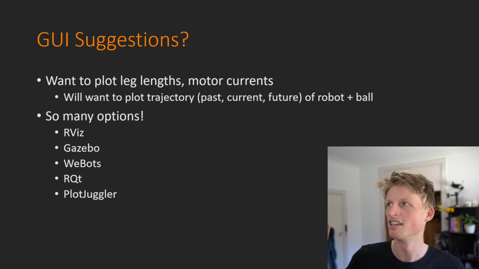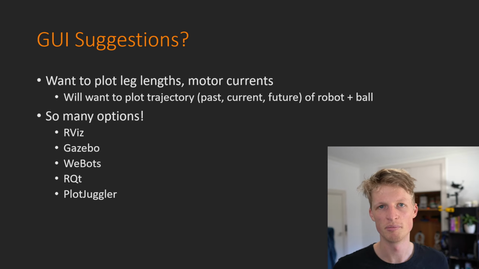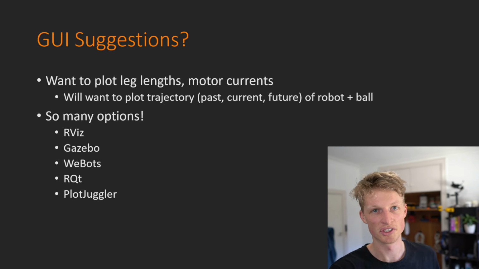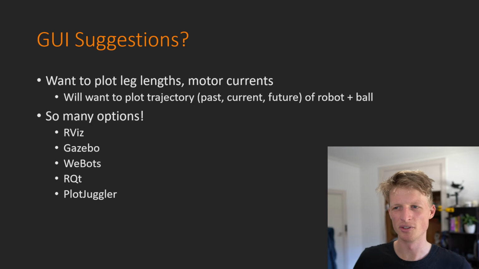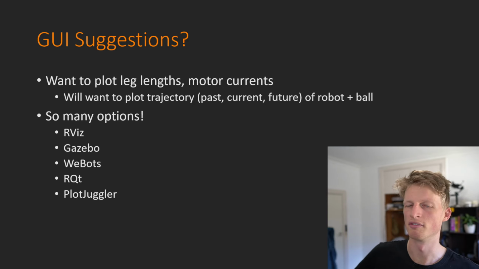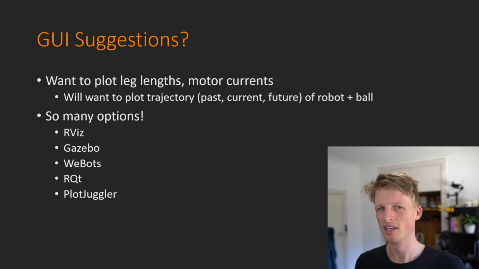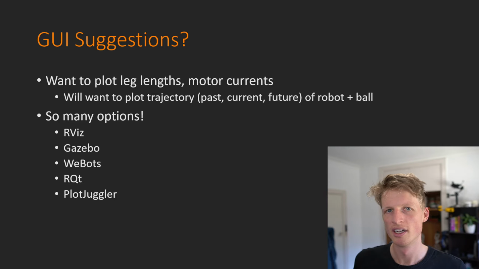And if anyone has guidance on how to set that up with a parallel robot, I would love to know, because it seems like they're mostly tailored towards serial robots. But I don't think that they do the plotting of topics and that sort of stuff as well. I'm not sure. If you have any input here, I would love to know, because this is something that I really want to do soon.